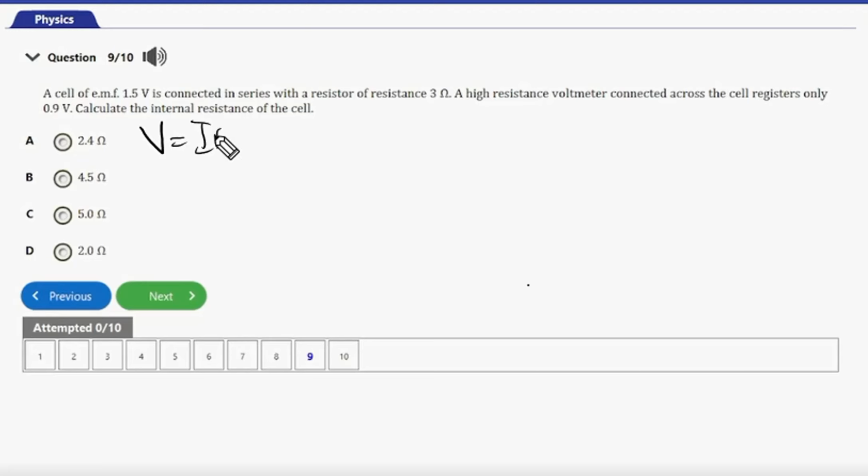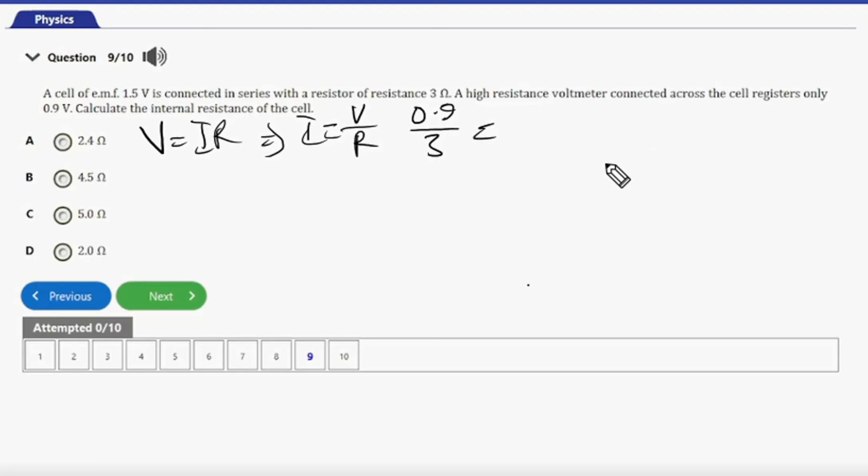let's use V is equal to IR. And with this, if we make I the subject of this equation, I will be V over R. So in this case, our voltage here read from this is 0.9, and then the resistance is actually 3.